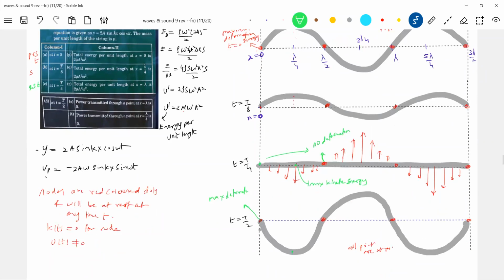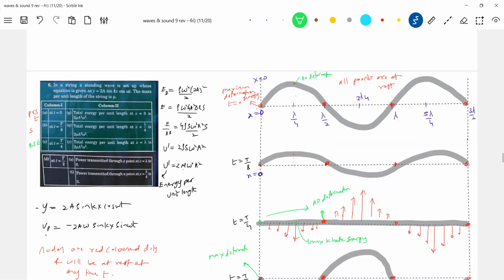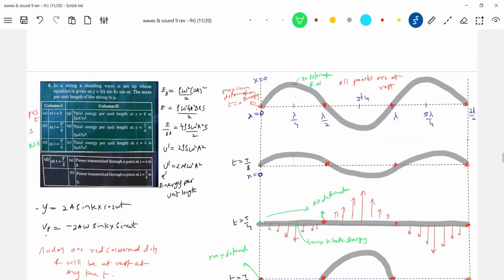No deformation. And at rest. No deformation we are putting.